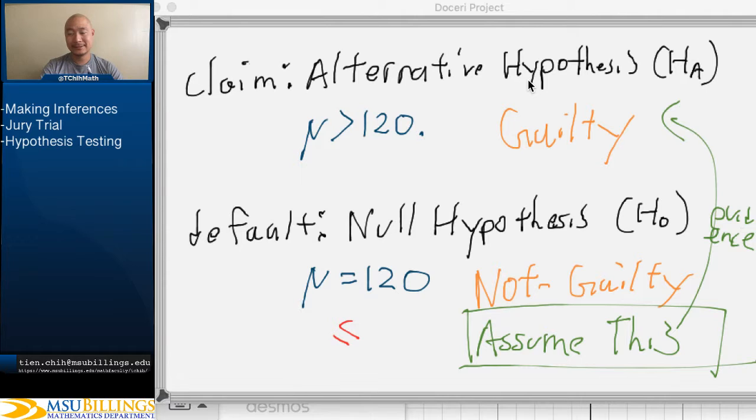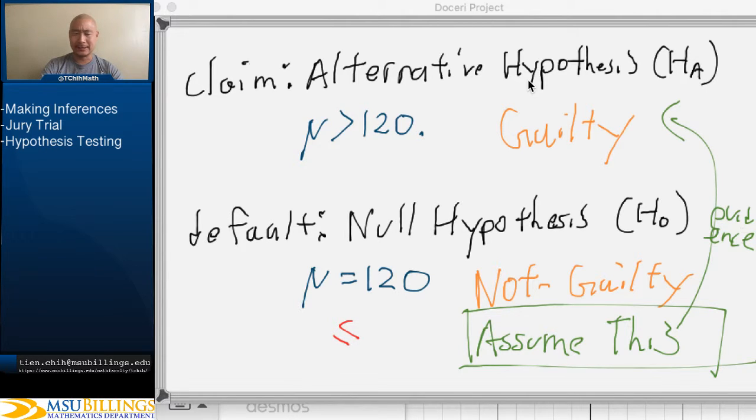And that could be because H naught is true, right? So in this case, it could be because the average weight of purple microelephants is 120 pounds. But it could also be because your sample was too small, that you just got unlucky in terms of the sample that you measured.